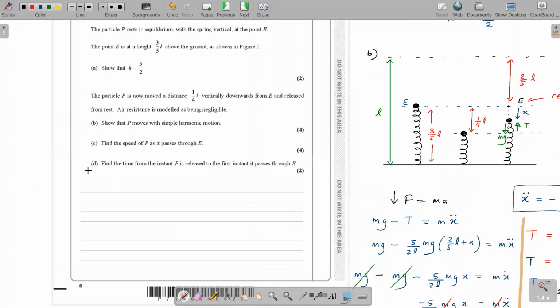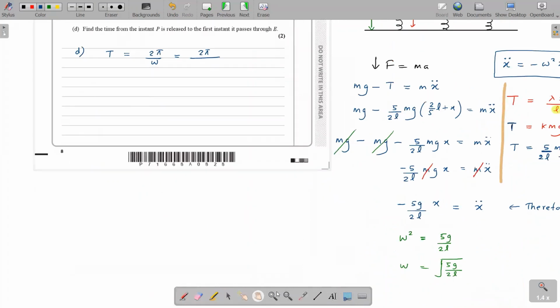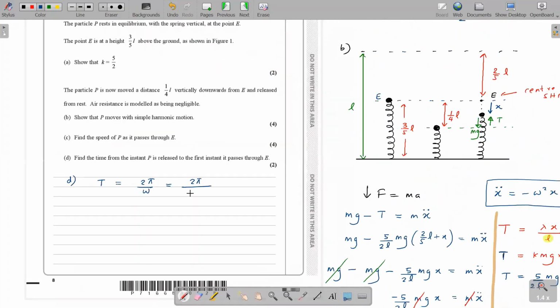That's a basic theory. So let's get the periodic time. Periodic time is 2 pi over omega. Omega was root 5g over 2L. So we simplify, this is 2 pi times root, the 2L comes up, 5g goes into the denominator, basic simplification, right? And you get the periodic time.